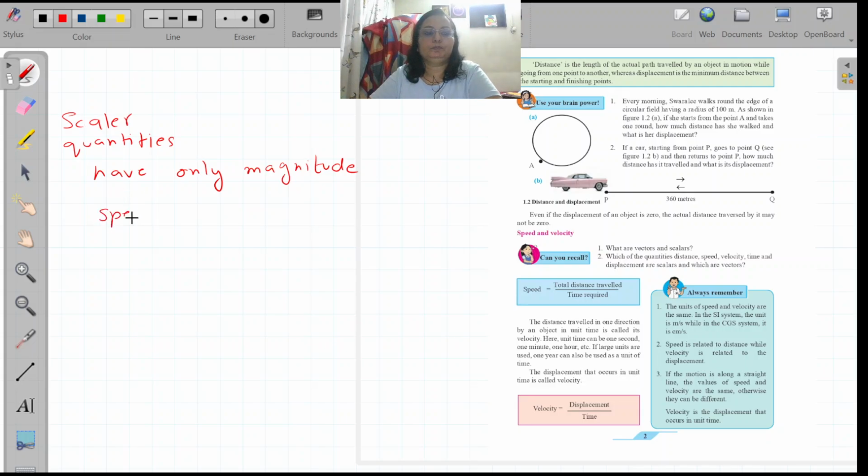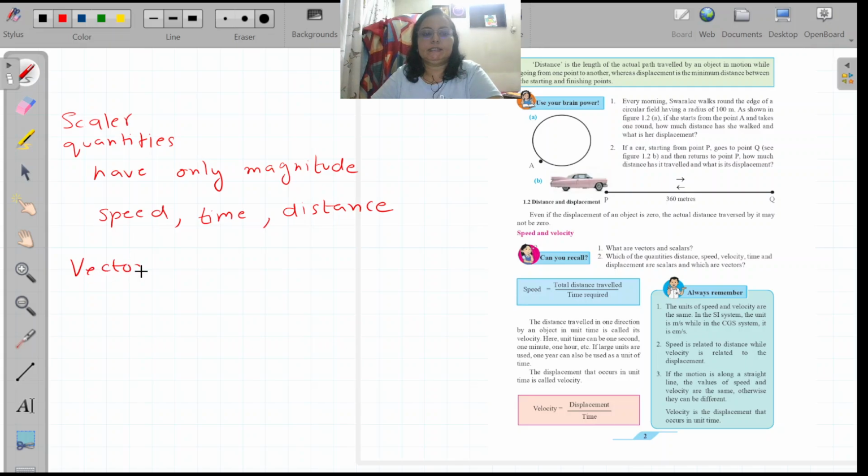Like speed, say the object is moving at 10 meter per second speed. We are not defining direction along with it. Time, we say 12 o'clock, we say 2 hours. We don't define direction along with time. Distance. So speed and distance are scalar quantities.